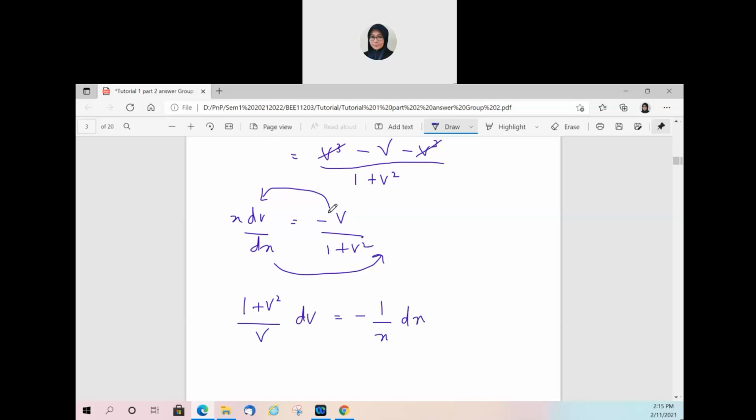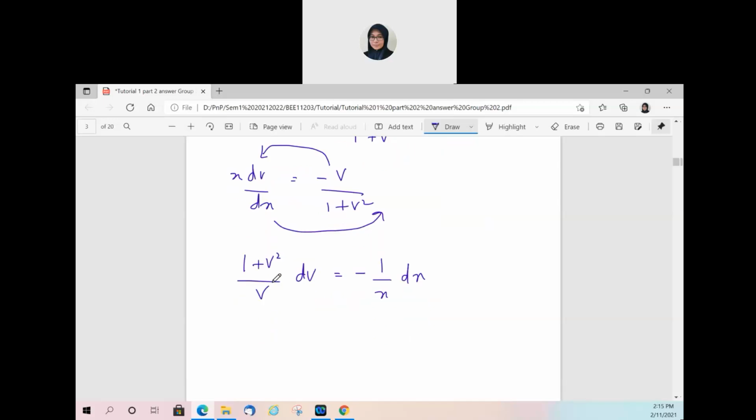The minus you don't need to bring, just leave it here. Any question? No.